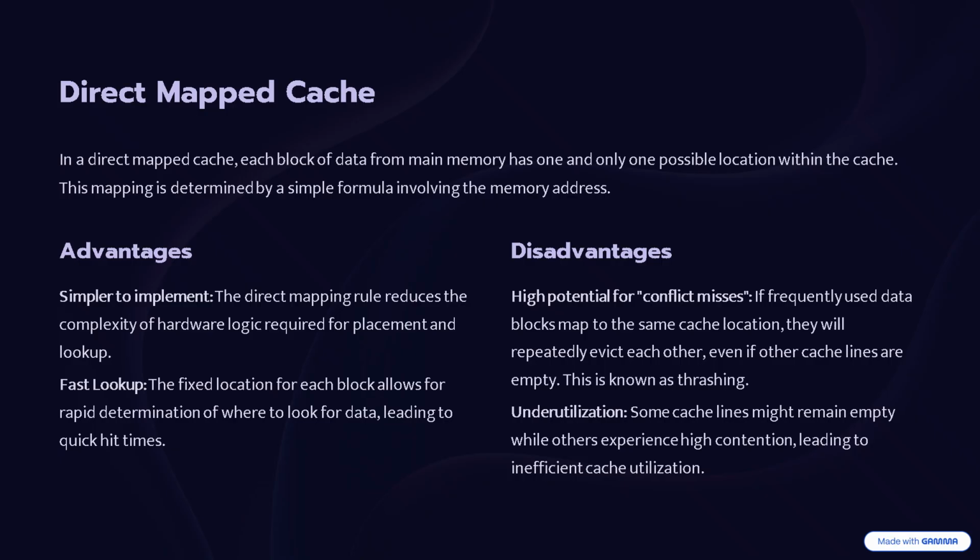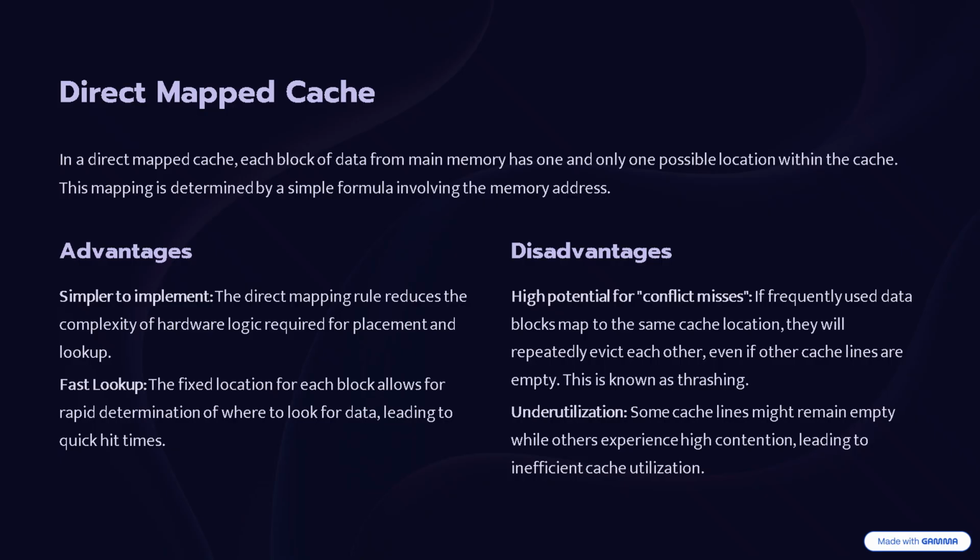Starting with the advantages, it's simpler to implement. The direct mapping rule reduces the complexity of hardware logic required for placement and lookup. Also, it has a fast lookup. The fixed location for each block allows rapid determination of where to look for data, leading to quick hit times. So it's easier to look for the data.